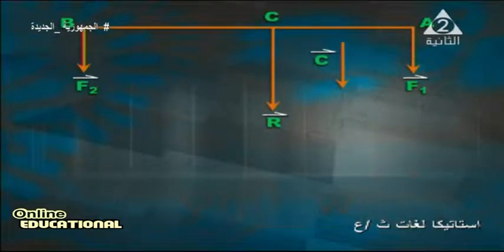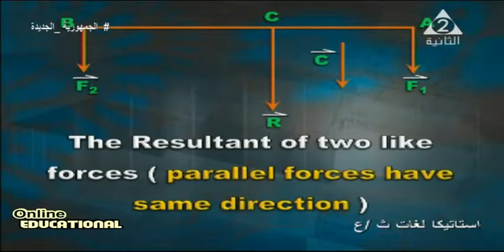We have two forces, F1 and F2, that are parallel and act at A and B respectively, and R is called the resultant of the two forces, with direction C. We have two parallel forces in the same direction, like forces, acting at A and B, and R acts at C. What is the resultant of F1 and F2?